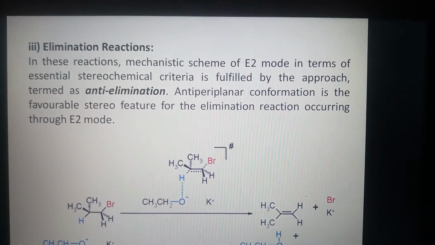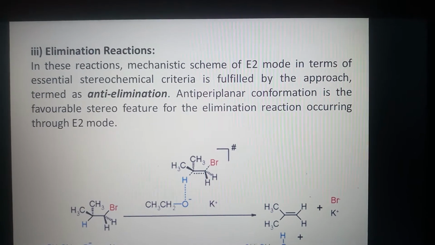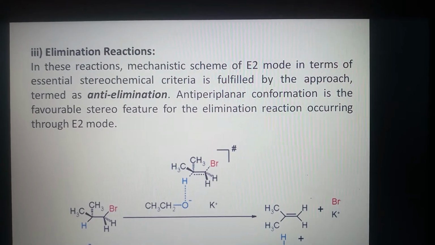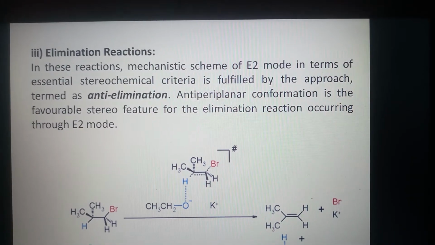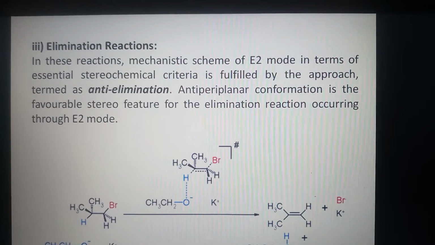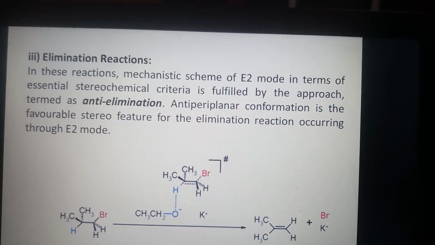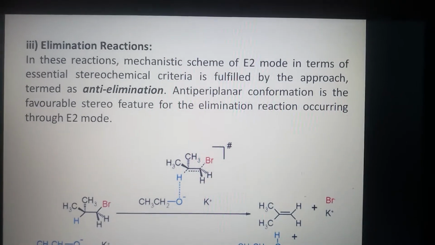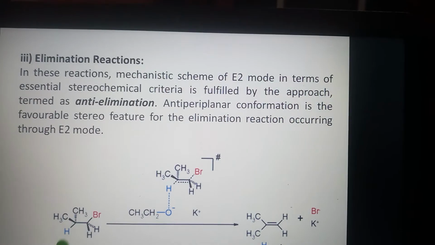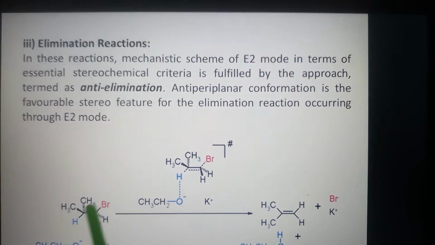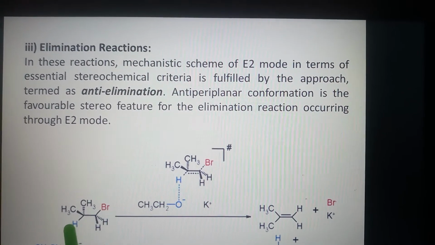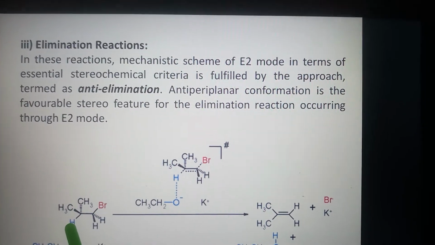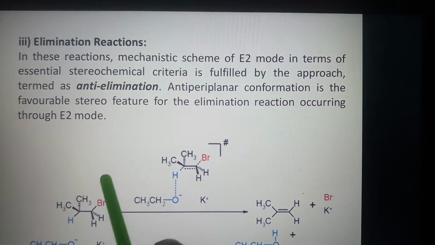Another example is elimination reaction. In these reactions, the mechanistic scheme of E2 mode, in terms of essential stereochemical criteria, is fulfilled by the approach termed anti-elimination. Anti-periplanar conformation is the favorable stereo feature for the elimination reaction occurring through E2 mode. If we consider the starting material, H and Br are the leaving groups, which are placed anti-periplanar to each other, and the attacking nucleophile attacks the hydrogen.